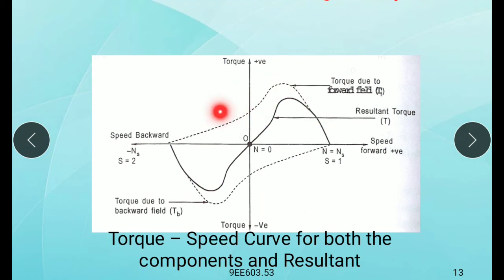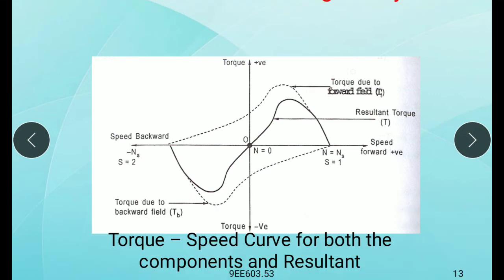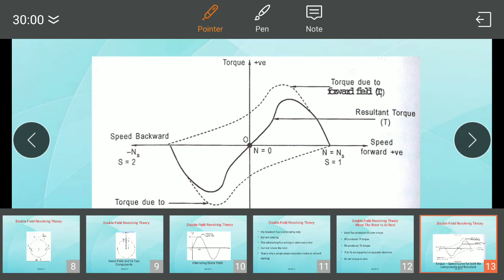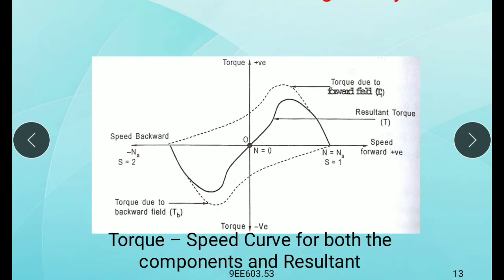This dotted torque is due to the forward field Tf, and this torque is due to the backward field Tb, and this thick line is showing the resultant torque, which is the combination of Tb and Tf.